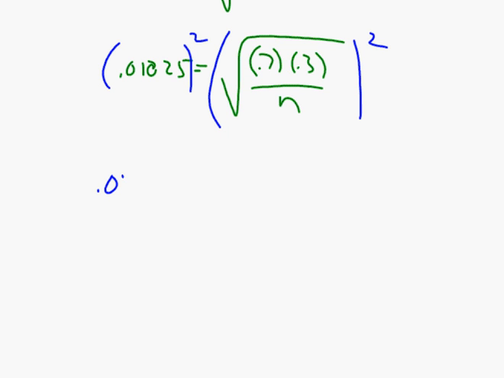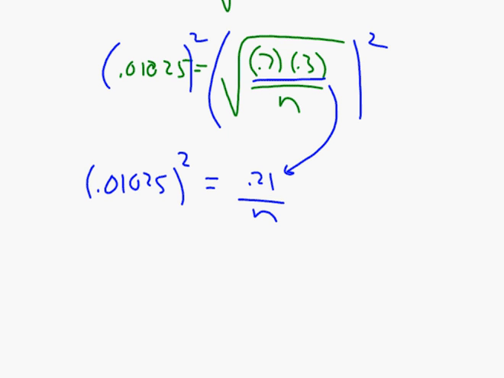So 0.01025 squared equals, now that product, by the way, is 0.21 over n. Let's cross multiply here. I'm going to put this over 1 and cross multiply, and we get 0.21 equals 0.01025 squared times n.